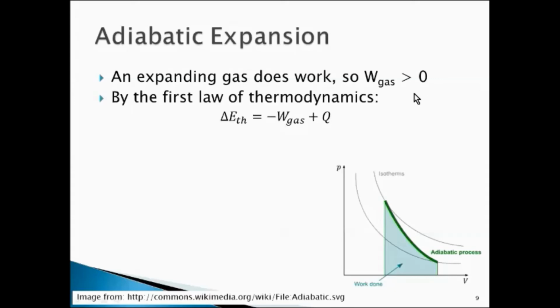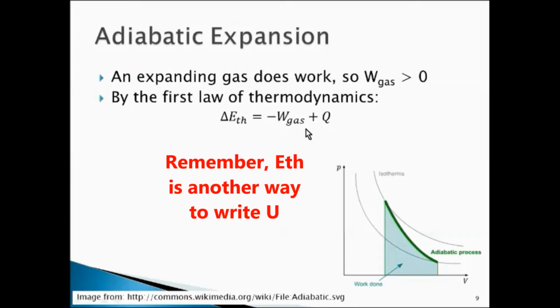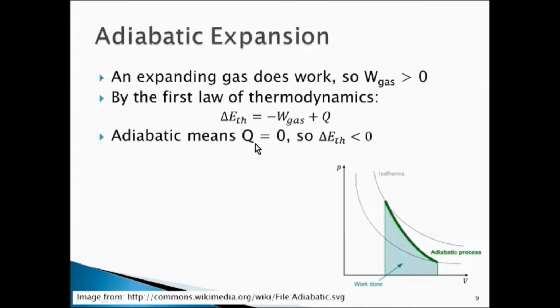The first law of thermodynamics, we can use this equation. Remember that W gas has to be negative in this equation. W gas is greater than 0. Adiabatic says Q is equal to 0. So this is negative, a number that's greater than 0, plus a 0. That means that the sum of these two is going to be a negative number.